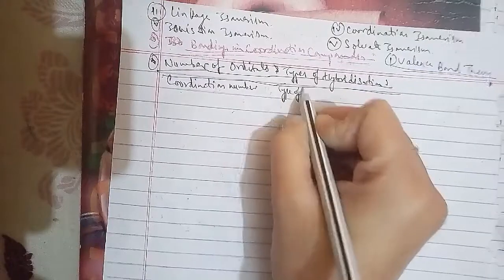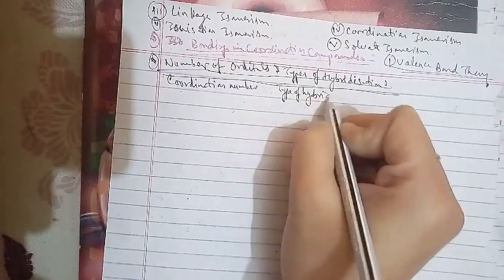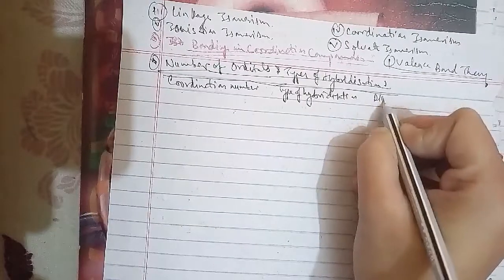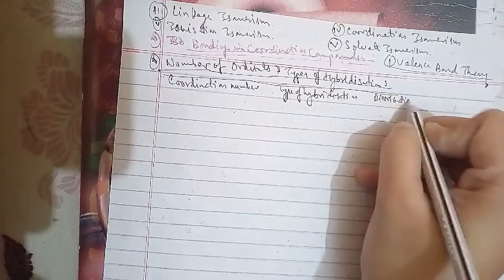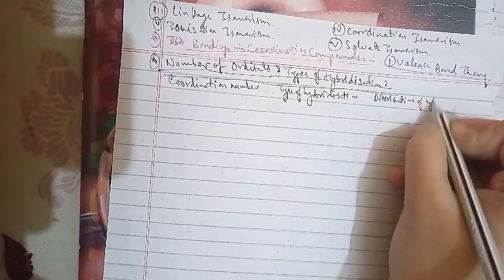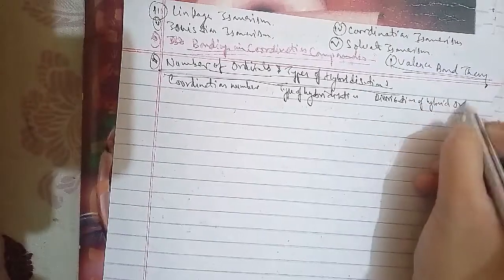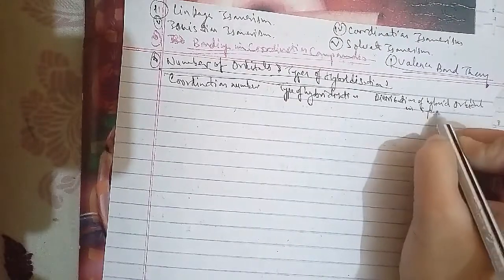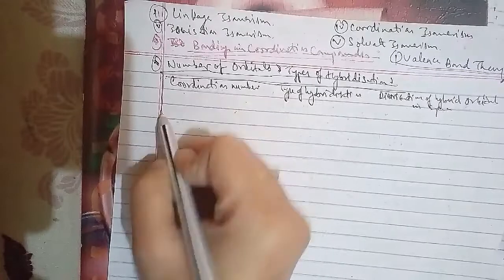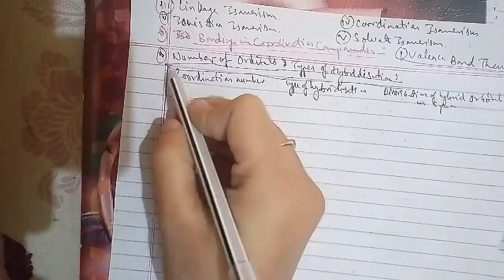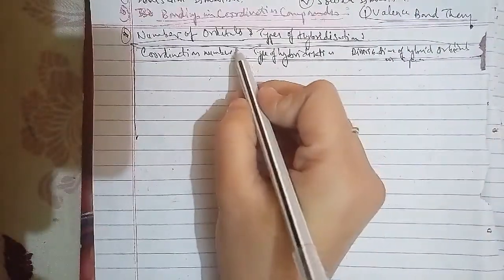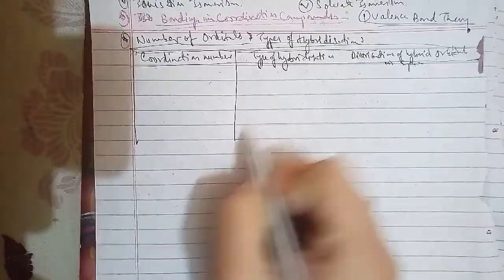The 5 is sp3d, which is trigonal bipyramidal. The 6 is sp3d2, which is octahedral. The other 6 is d2sp3, which is octahedral.